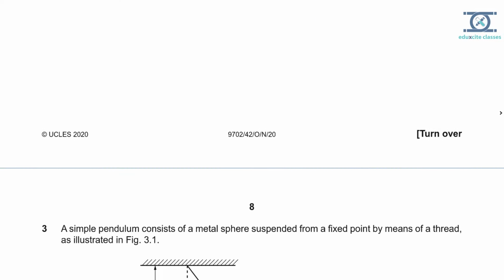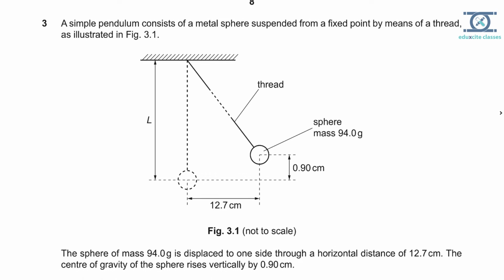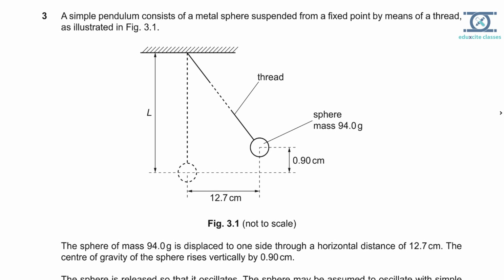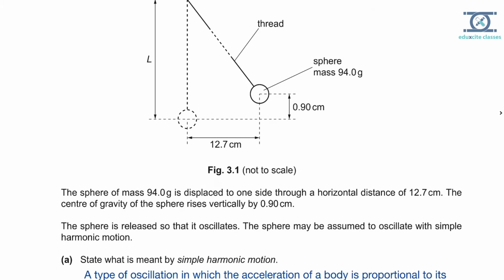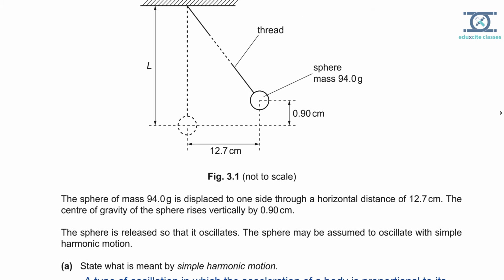Fine. So we have completed question number 2. Now question number 3. There is a simple pendulum given to us with a metal sphere suspended from a fixed point by means of a thread. You can see the diagram here. Some dimensions are given with the values.